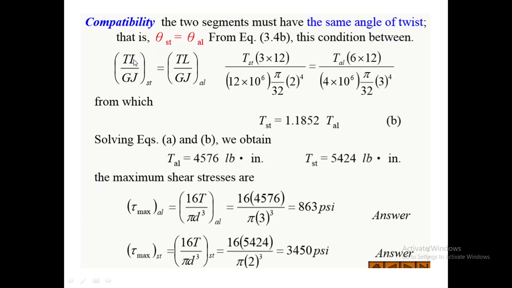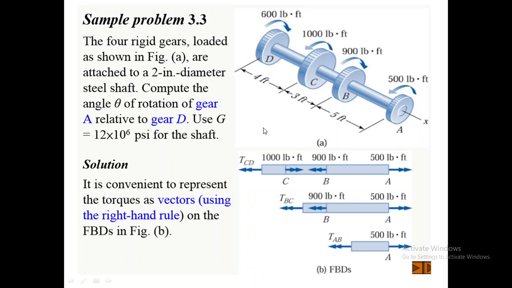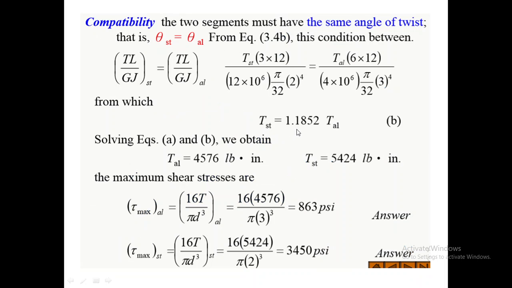When all the values are substituted here, G for steel is given and G for aluminum is given, substitute that. J for the solid shaft is pi by 32 d to the power of 4. The diameters are given, if I substitute that, you will get the relationship here. So the torque of the steel will be 1.18 times the torque in the aluminium portion of the shaft.